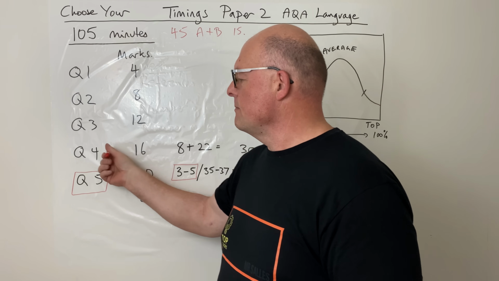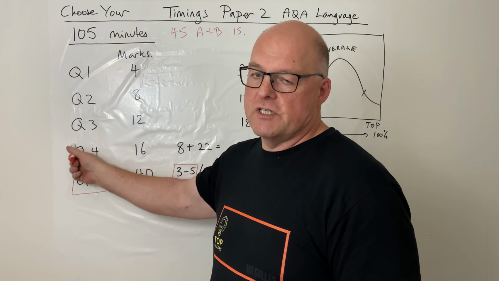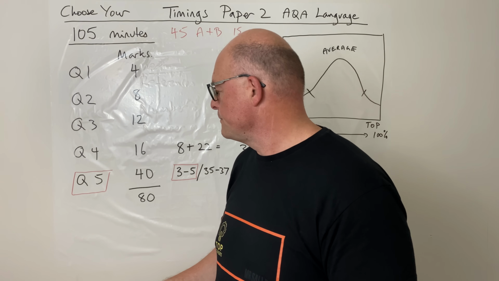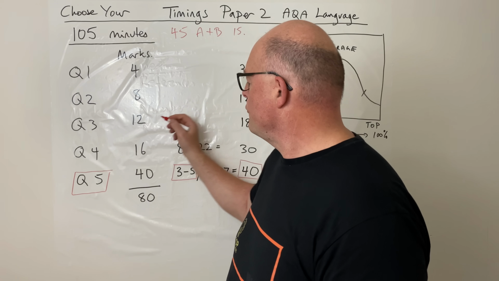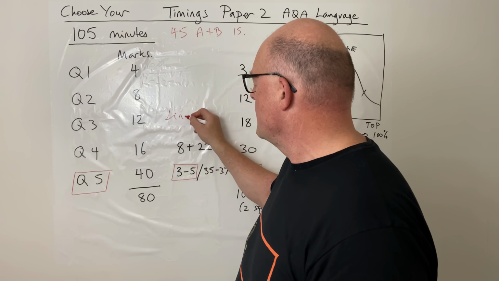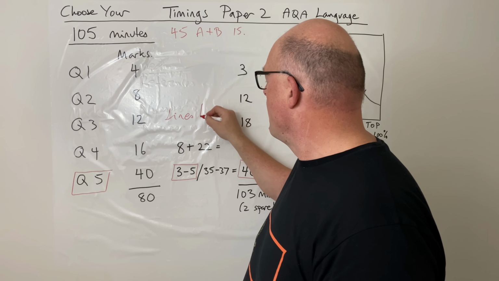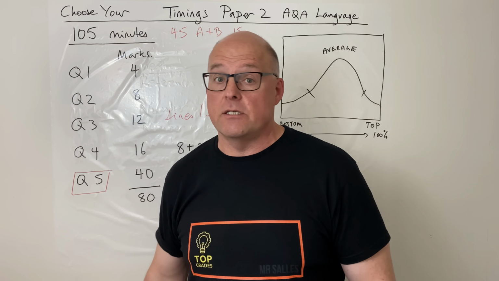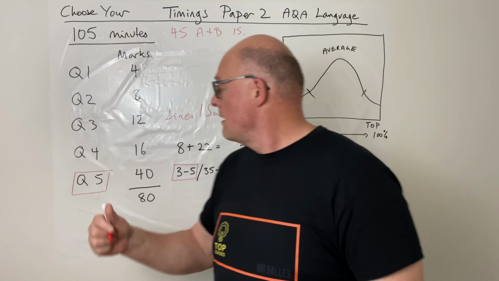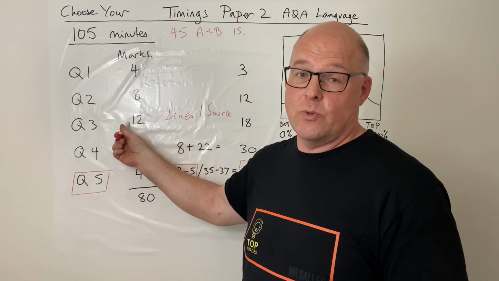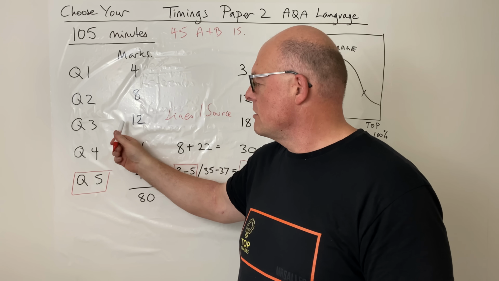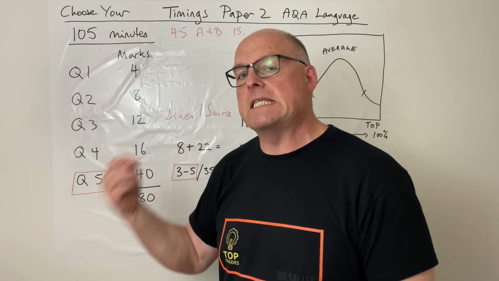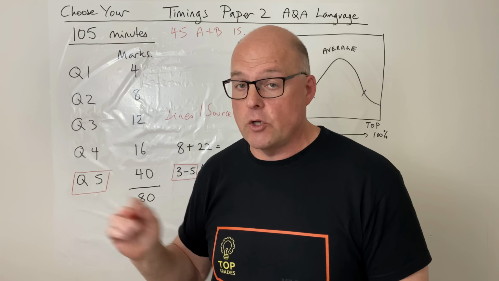Now the reason I've got some nervousness about doing question 4 next is the reading. With question 3, you only have to read a few lines from one source. Now the advantage of that is it's easy to do. You can just read a little bit, answer the full question and get 12 marks. So it's very tempting, I think, to do question 3 next because it's easy marks as long as you write quickly.